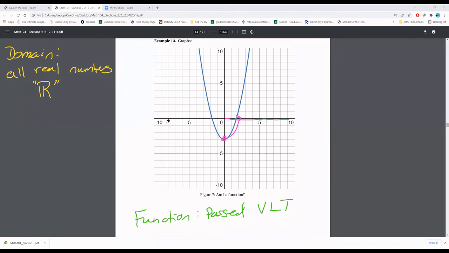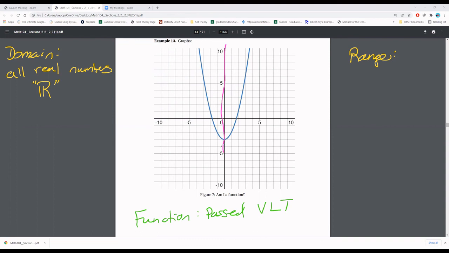Let's find the range as well. Range will be everything on the vertical axis. So we will be looking on the vertical axis for the range. Notice that if we look in the up direction, in the positive direction, if we zoomed out and zoomed out and zoomed out, it looks like we would hit everything.